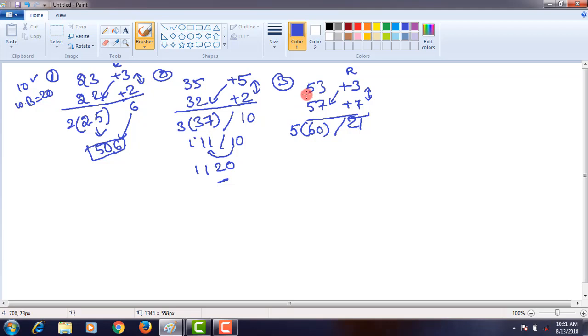We multiply by 5 because here our working base is 50. On multiplying 60 by 5, you will get 300 slash 21. We know that our actual base is 10, so our right part should be in 1 digit only. But here we got 2 digits, so we have to transpose this. We send the tens place digit to the left part of the answer as a carryover. On sending this, you will get 302 and 1. That means the answer is 3021 for this question.